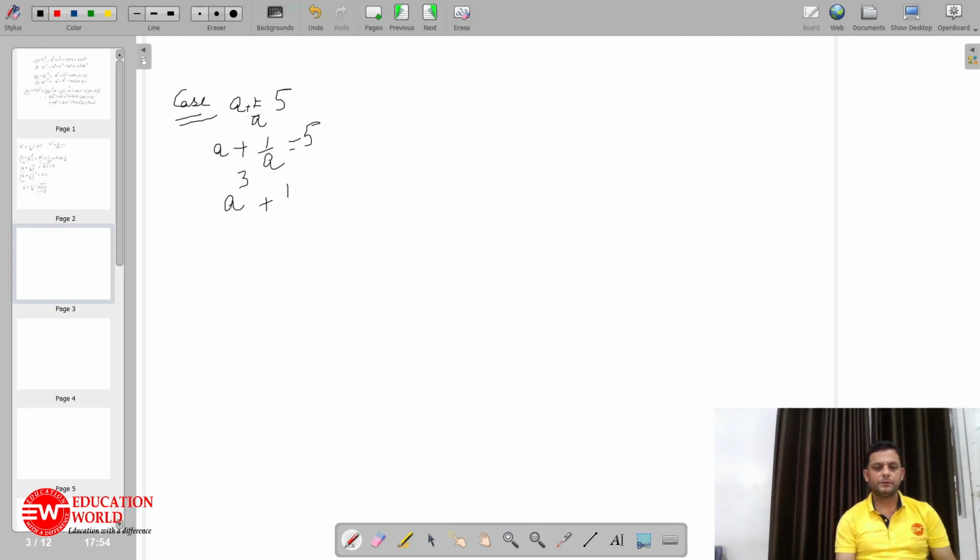a cube plus 1 by a cube plus 3 times a times 1 by a times a plus 1 by a. So 5 cube is 125. So the a's cancel.